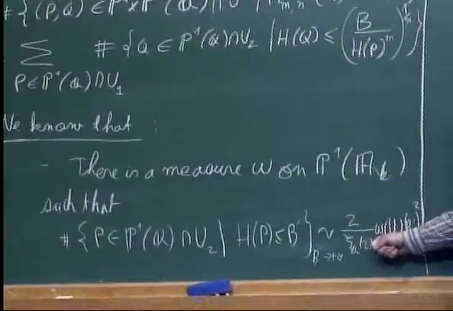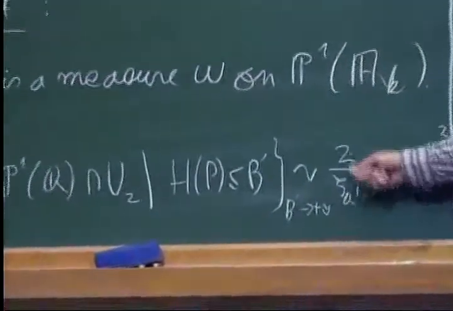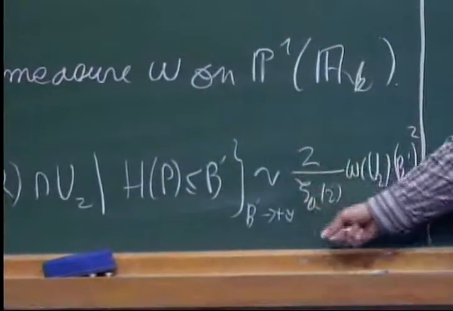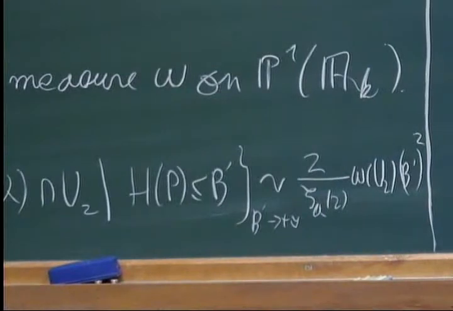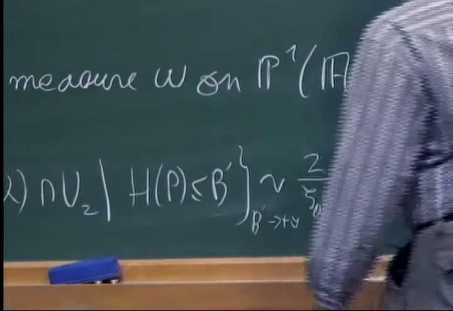Okay, so omega was a probability measure, so I have to multiply it by the constant we obtained, which was 2 over zeta Q of 2, which is a constant which appears for the projective space of dimension 1. So that's the first fact.